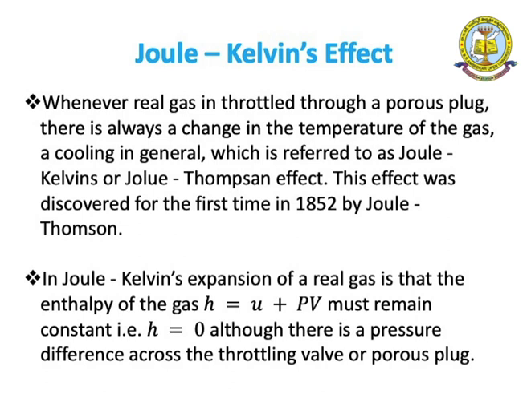Initially you get cooling in general, which is referred to as the Joule-Kelvin or Joule-Thomson effect. Kelvin and Thomson are both the same here, so you need not be worried. This effect was first discovered in 1852 by Joule and Thomson. Here a porous plug is nothing but cotton.